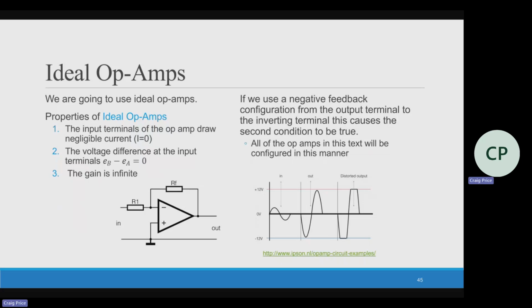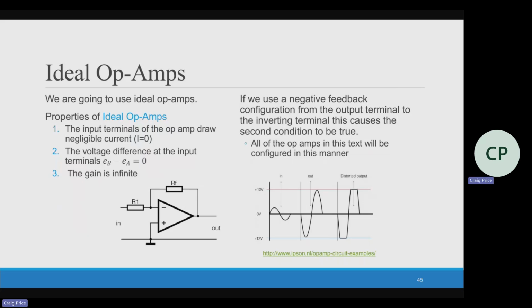But these are the three properties. These are listed on the equation sheet, so you don't necessarily have to write them out. When we're dealing with an op-amp, we're going to do an example real soon. The first thing is that there's no current going in here. It's drawing negligible current, so basically the current is bypassing the op-amp. The second thing is that the voltage difference is equal to 0.